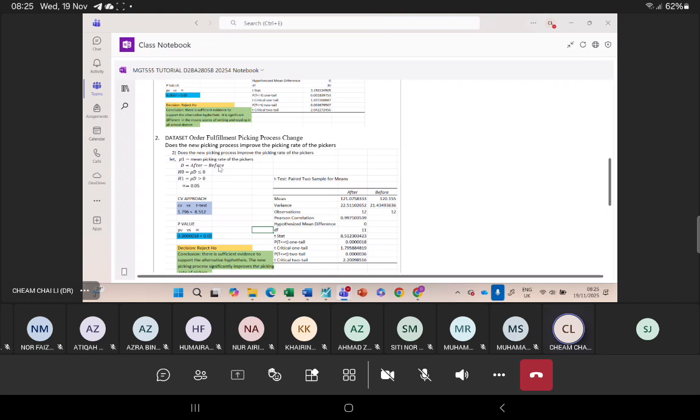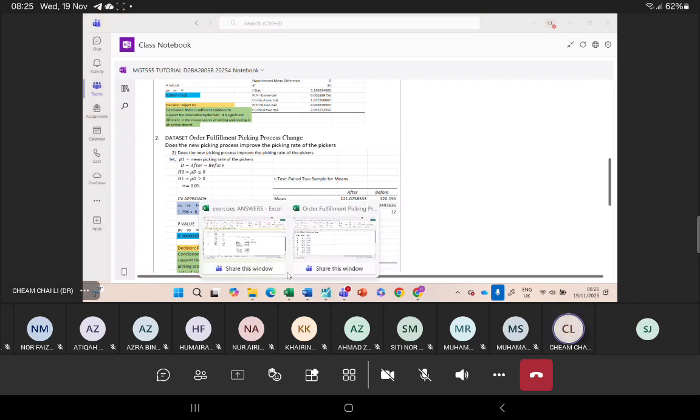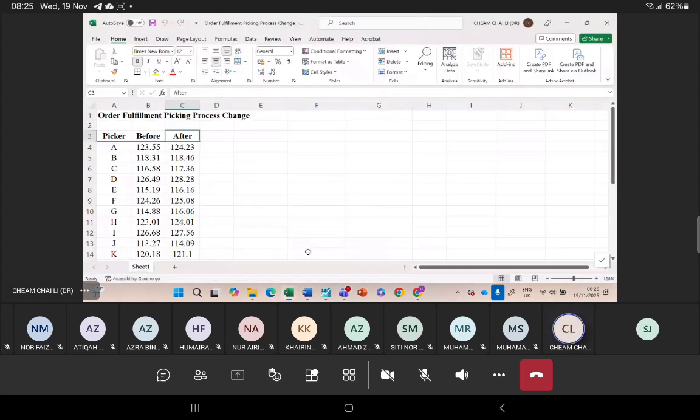If the picking rate has improved, the rate after the new process has been introduced must be higher than the rate before, right? So if you take after minus before, you'll get a positive value.